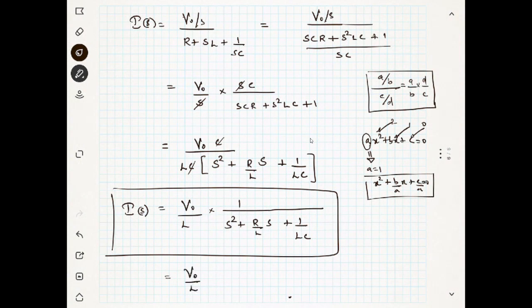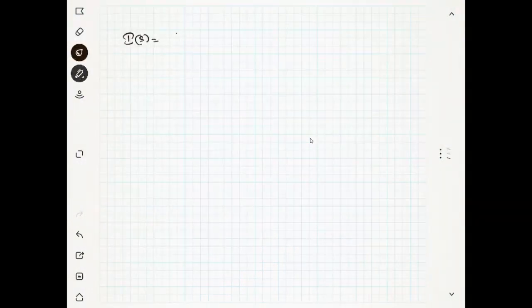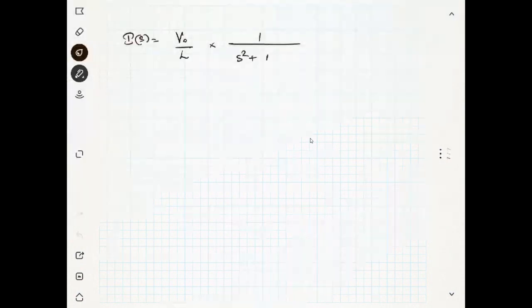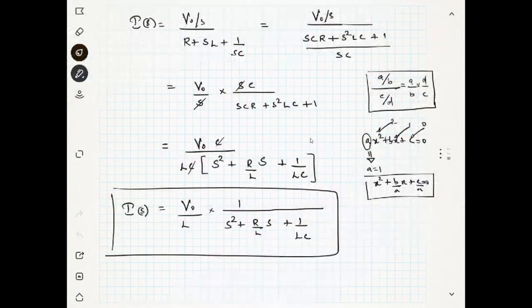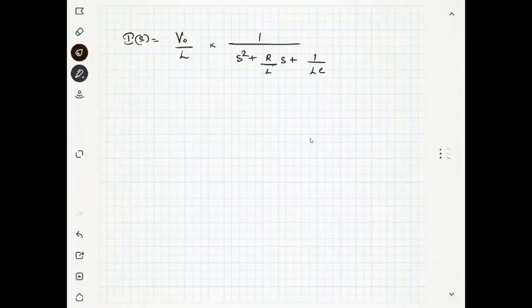V0 by L. Okay, I will use the next page. This is a derivation: V0 over L into 1 over S square plus R over L into S plus 1 over L. There is one standard form in electrical engineering.